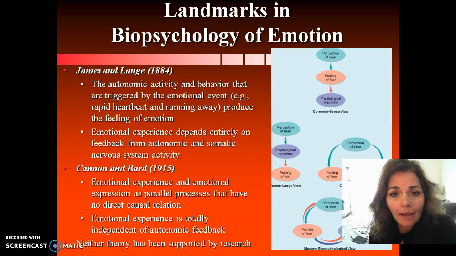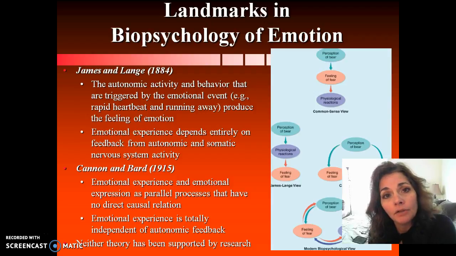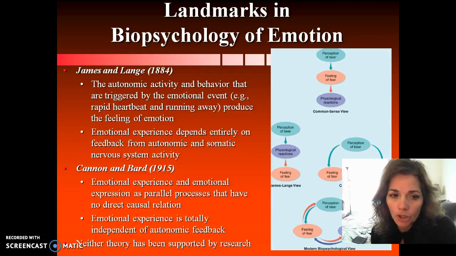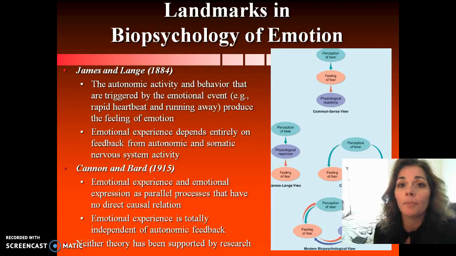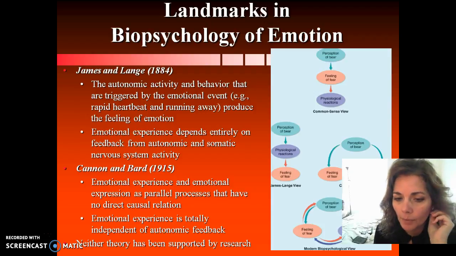So just a couple of background theories that are really fundamental for how we study emotion in psychology is the James-Lange theory of emotion. What he basically talks about is how we have that autonomic response, and then we have a behavior that's triggered by that emotional feeling, and that response is really what produces the feeling of emotion.